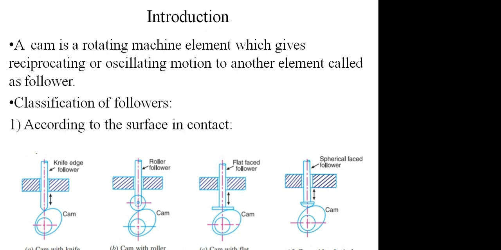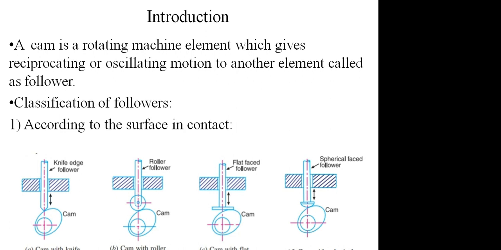In this cam and follower mechanism, the cam rotates with a constant angular speed, whereas the motion of the follower is predetermined, and it depends upon the shape of the cam. Now, cam and follower is a very simple mechanism which is widely used to operate the valves, that is poppet valves of an IC engine.